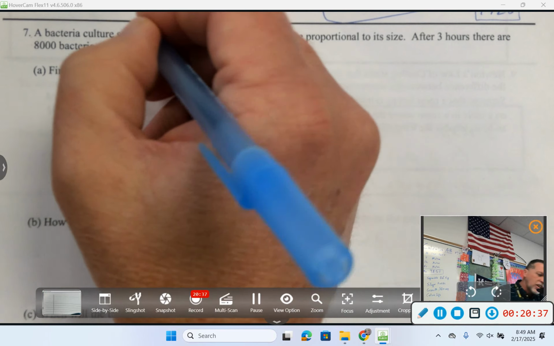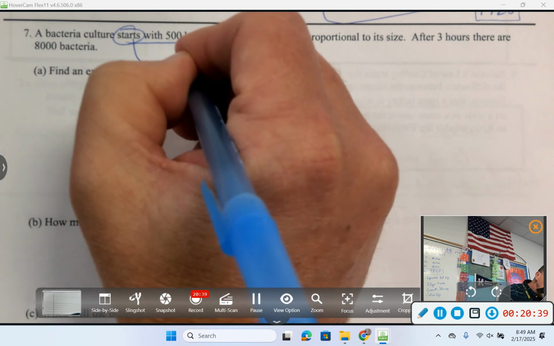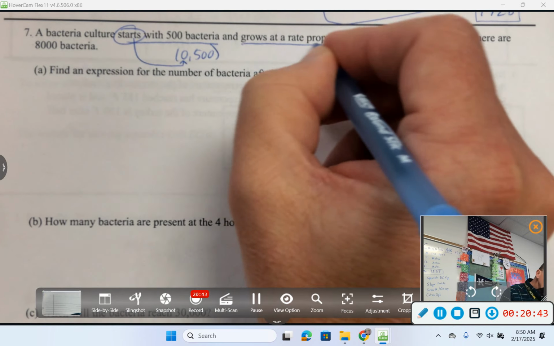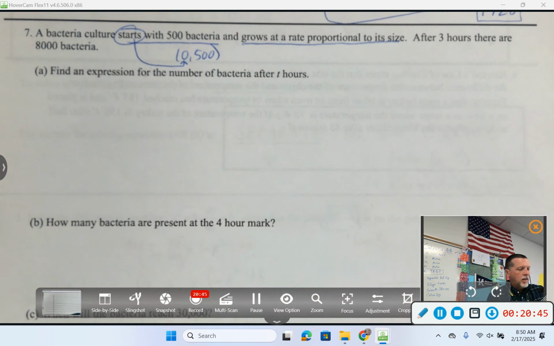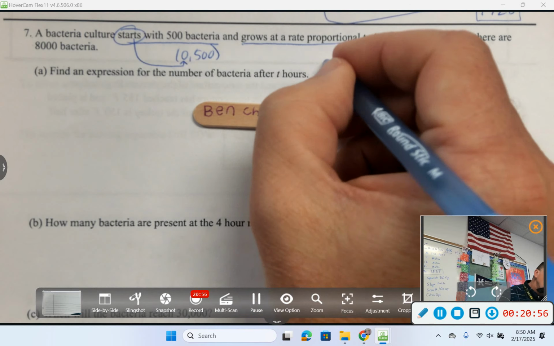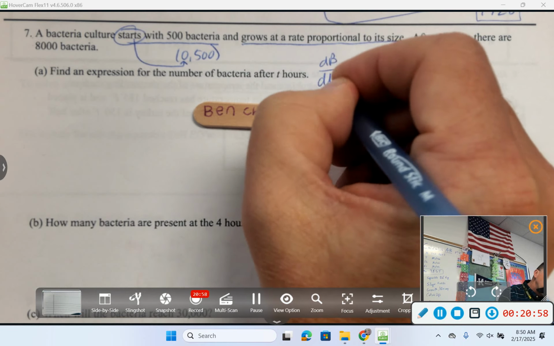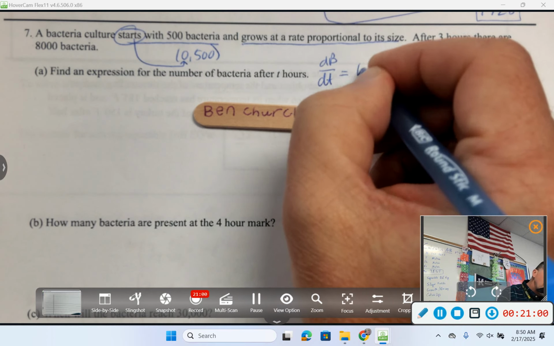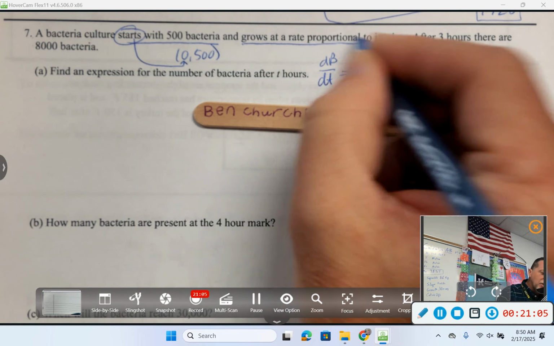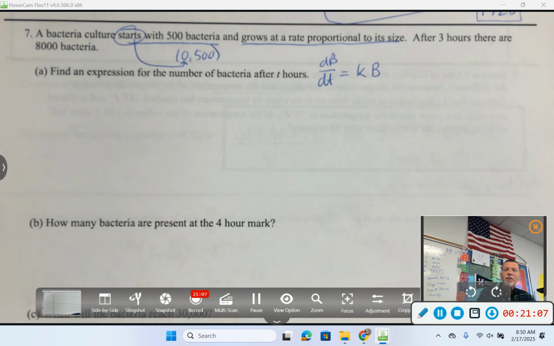The "starts" means time 0. And it grows at a rate proportional to its size. Can you write me a formula that says it grows at a rate proportional to its size? dB over dt equals KB, because B is how much there is, so I don't want to introduce extra variables here.